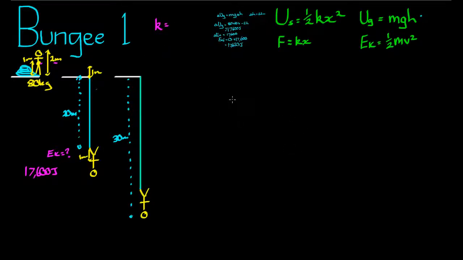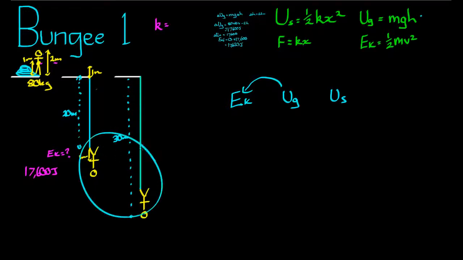So we have these three forms of energy: kinetic energy, gravitational potential energy, spring potential. In the first part of the fall there, the gravitational potential energy becomes kinetic energy. As the rope or bungee cord starts to stretch, gravitational potential energy becomes spring potential, and since this person is obviously slowing down, kinetic energy also becomes spring potential.